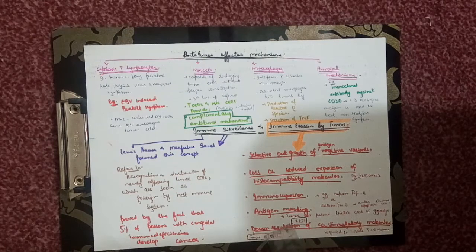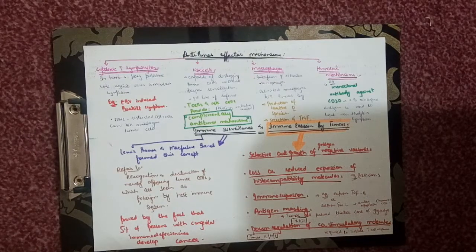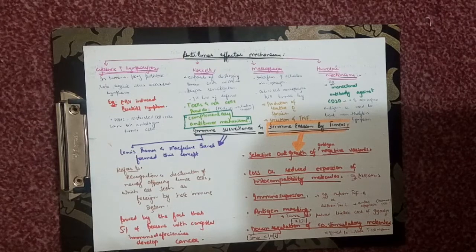So basically the tumor either inhibits or decreases the costimulatory molecules, and as the costimulatory molecules are not working, no T cell response is established. That's all from anti-tumor effector mechanisms.